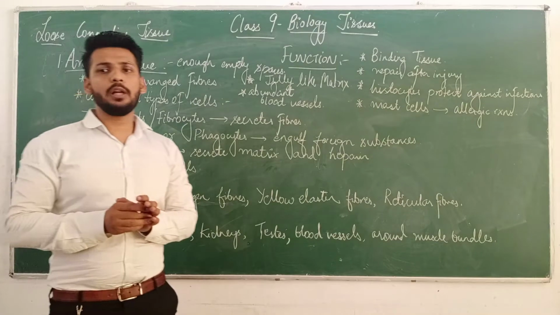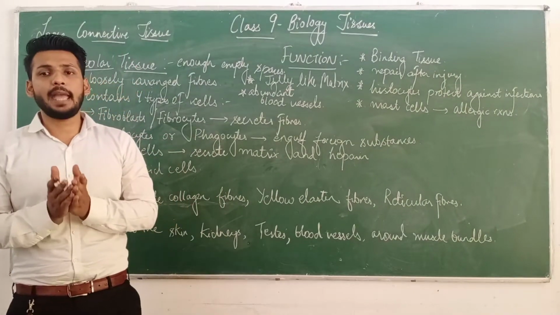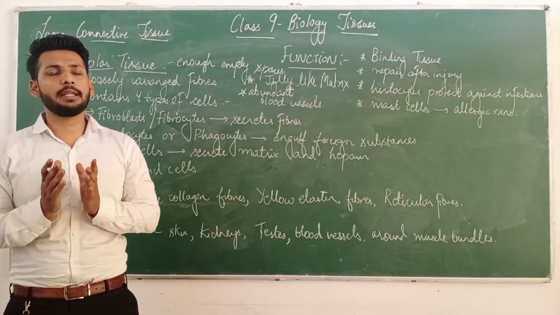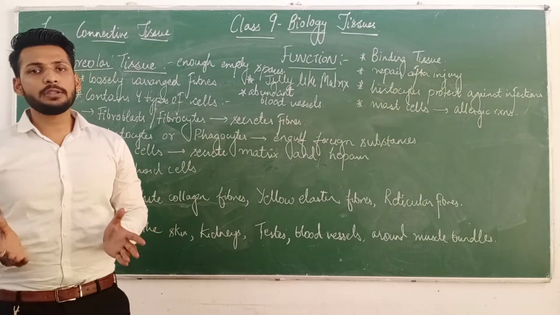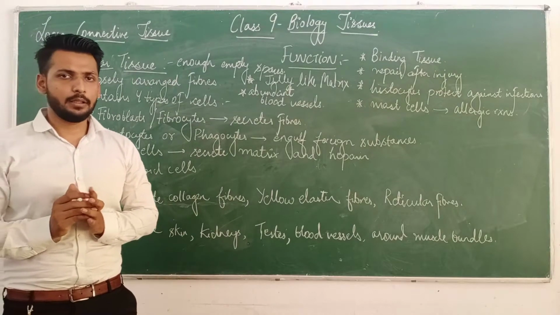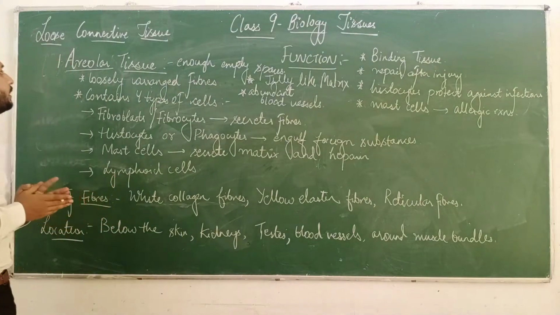What is areolar tissue? These are the most basic and widely distributed connective tissue in which fibers are loosely arranged in the matrix, and its matrix is jelly-like.